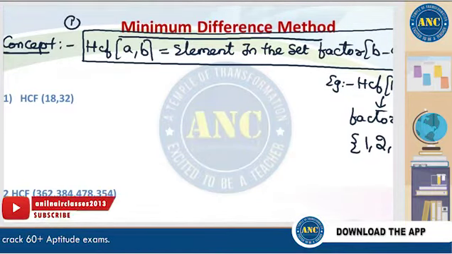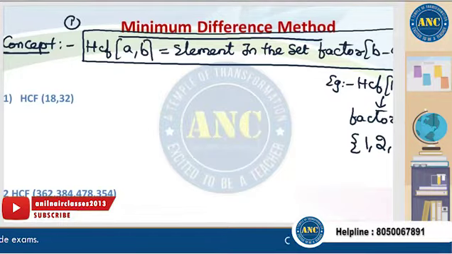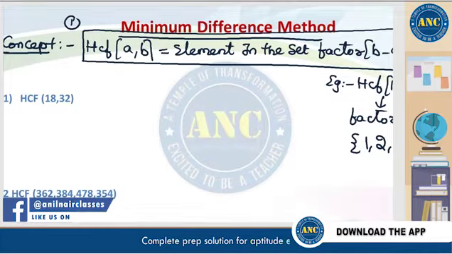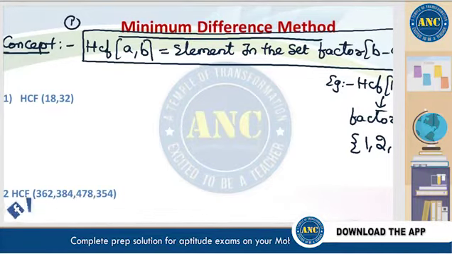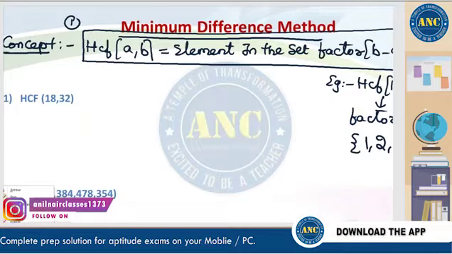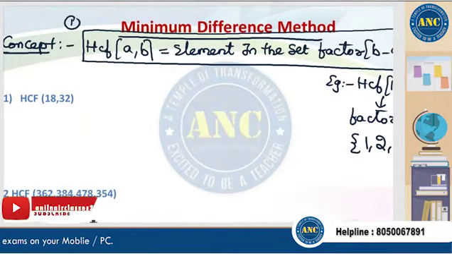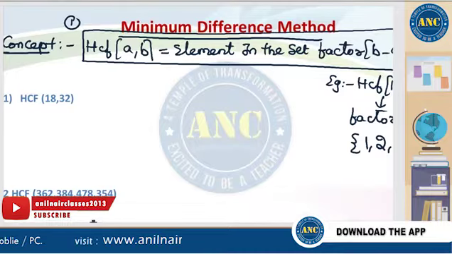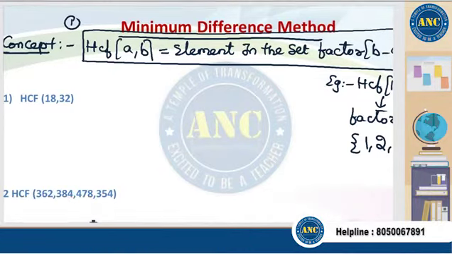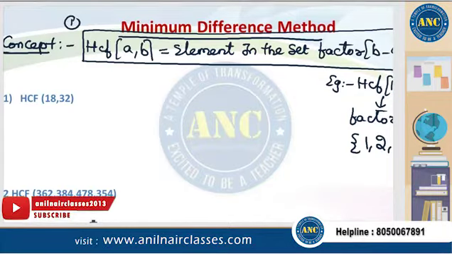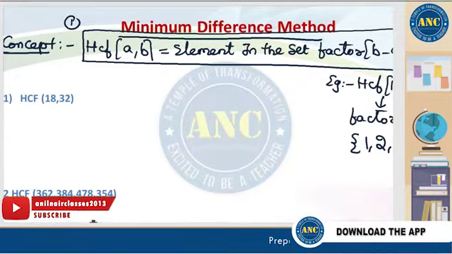He is telling that the HCF of 15, 25 is an element in the set 1, 2, 5, 10.